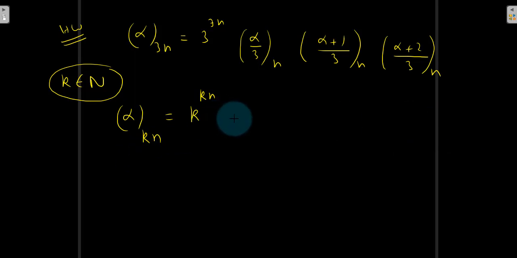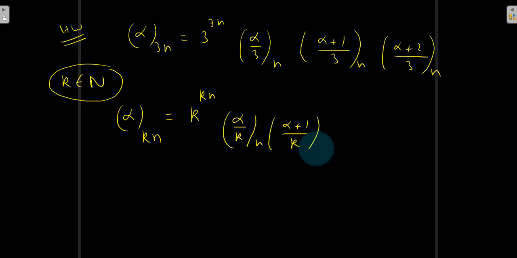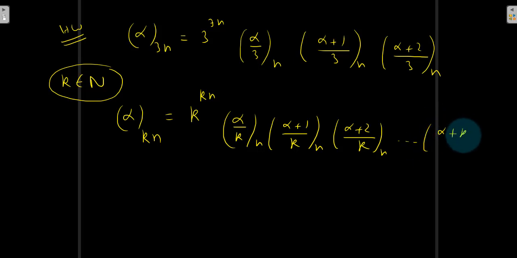So you can directly write it as alpha by k factorial notation n, alpha plus 1 by k factorial notation n, alpha plus 2 by k factorial notation n, and so on. The last factorial notation you will get is alpha plus k minus 1 by k factorial notation n, right?